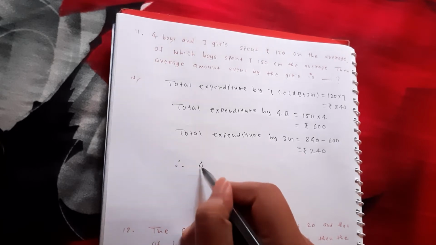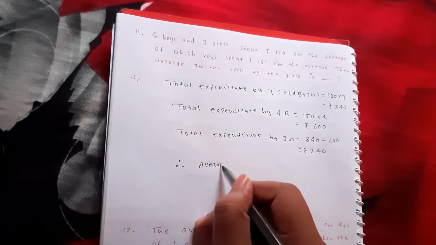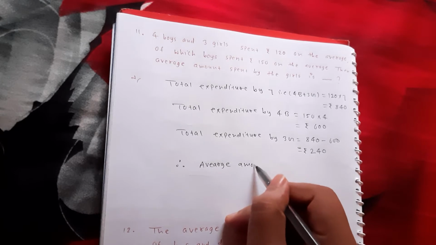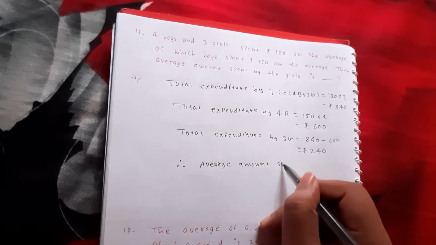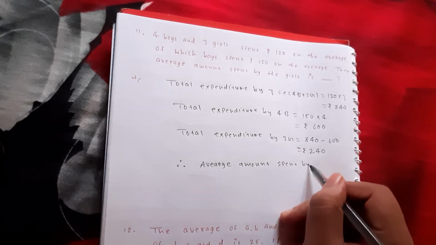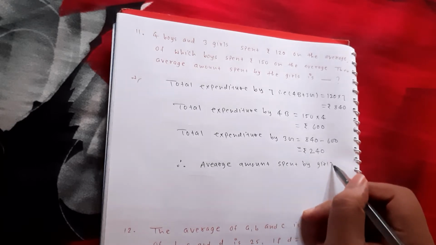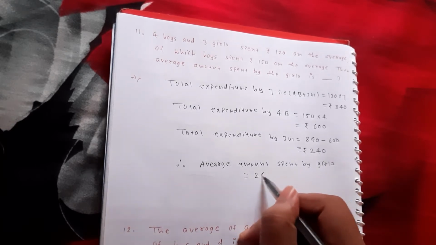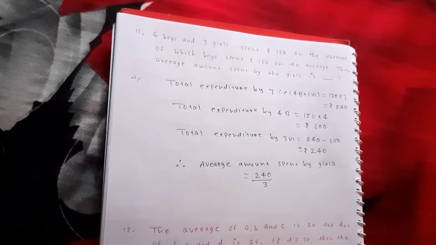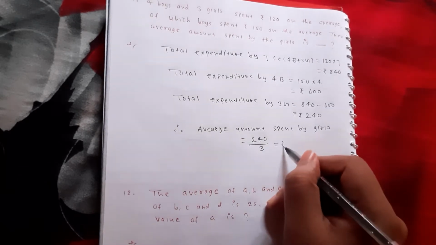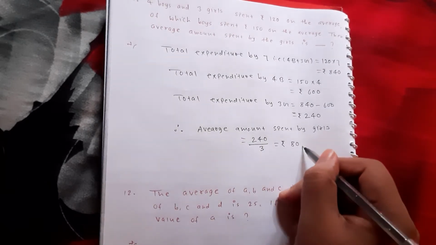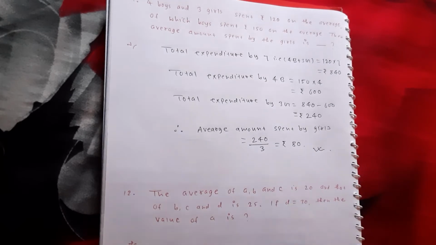Therefore, the average amount spent by girls equals 240 divided by 3, which equals rupees 80.